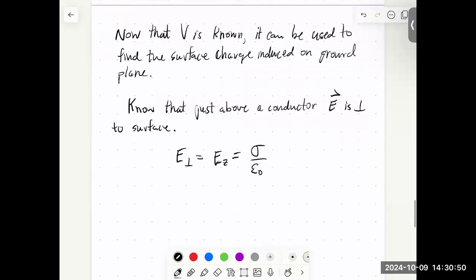Okay, but the z component of the electric field is minus the derivative of the potential. Well, I don't need a partial derivative if it's, okay, maybe I do. If we take the z derivative of the potential, that gives us the z component of the electric field, with that minus sign, is equal to sigma over epsilon naught.